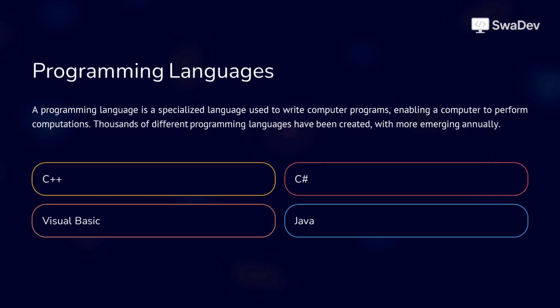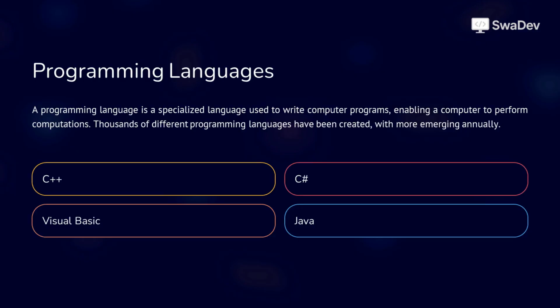Programming languages: just like humans speak English, Spanish, Sinhala, Tamil, and so on, computers understand programming languages. A programming language is a specialized language used to write computer programs, enabling a computer to perform computations.